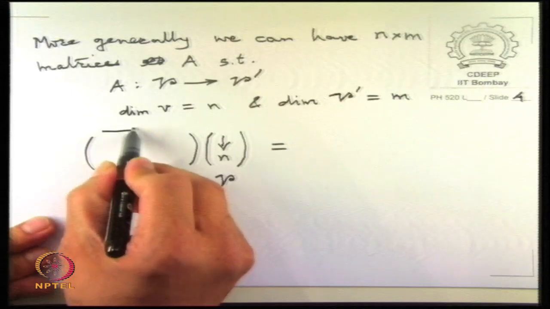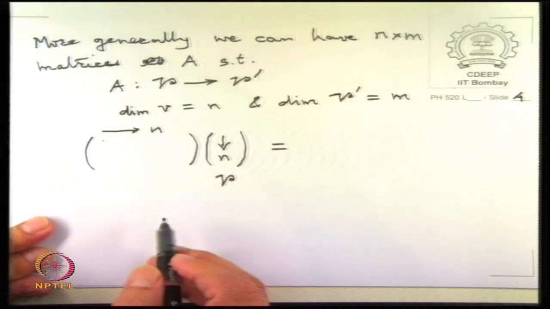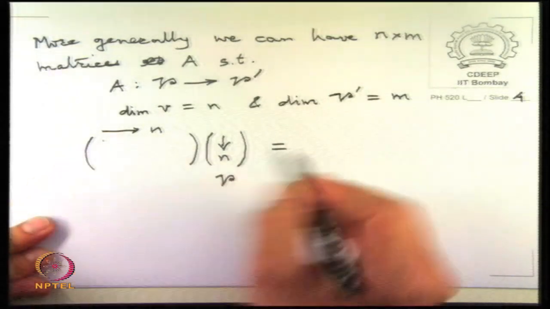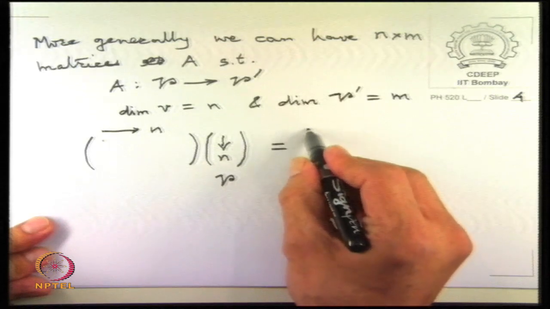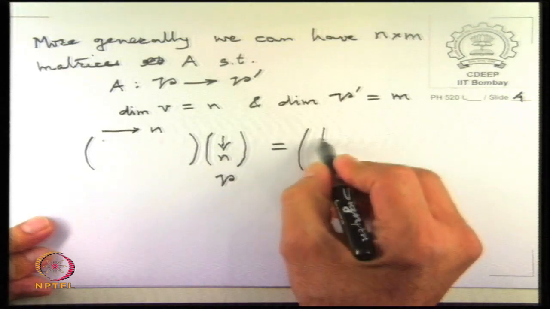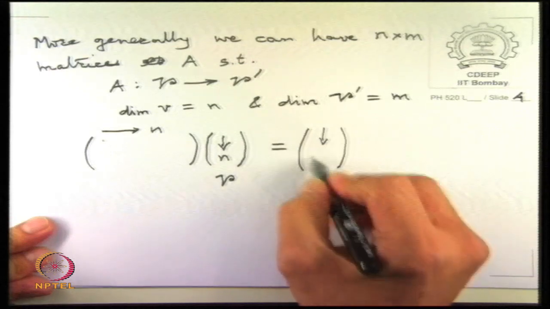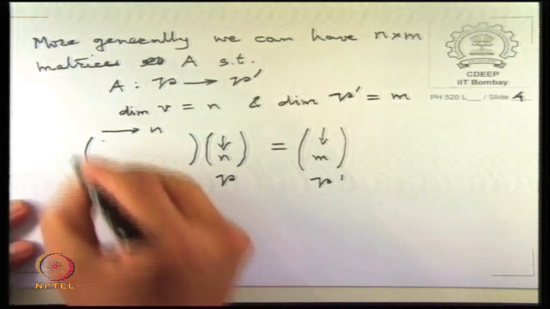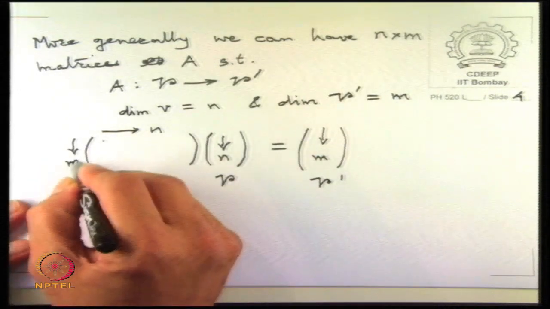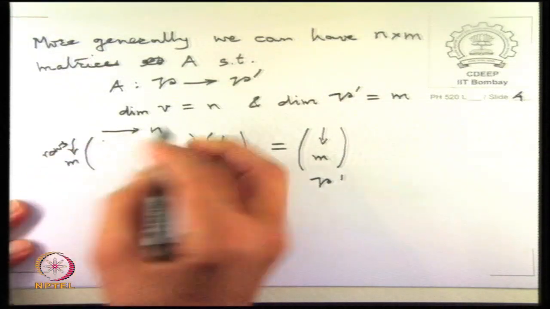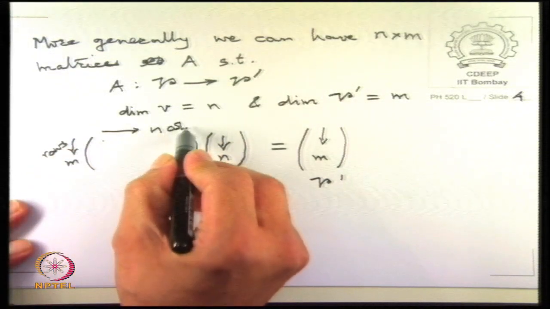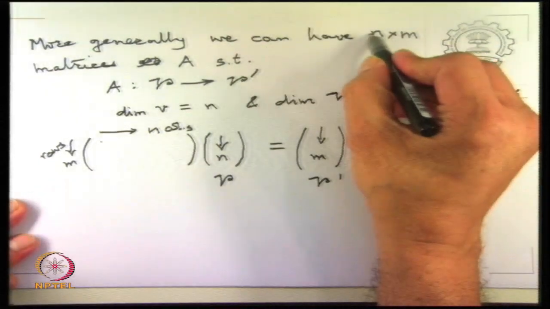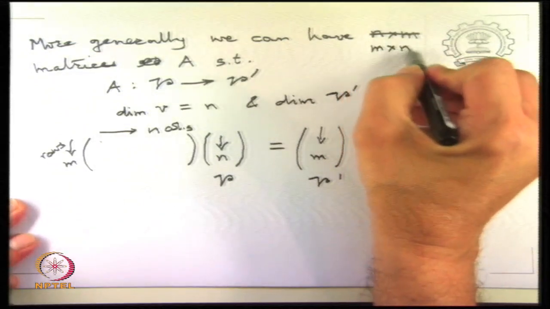So number of columns must be also n, so that I can multiply this. Then the number of rows, and suppose it produces an m dimensional vector V prime. Such a matrix we call m by n matrix.